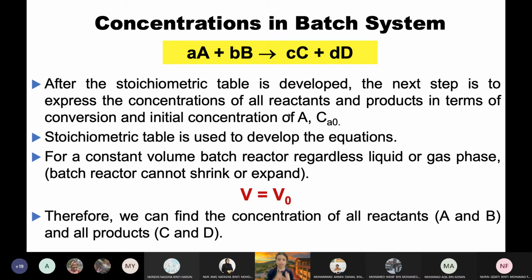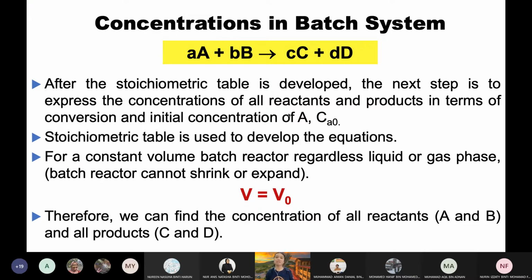Meaning, for gas and liquid, the concentration is the same for the batch reactor case. So again, I repeat, in the case of a batch reactor, regardless of whether you use liquid or gas, the table and the concentration are the same.